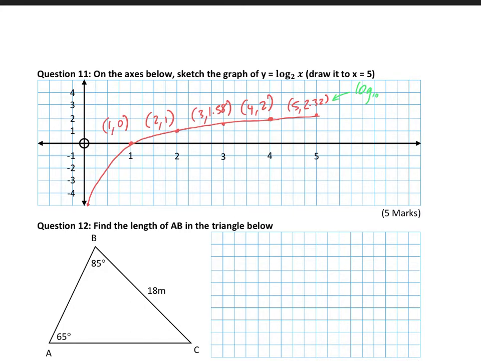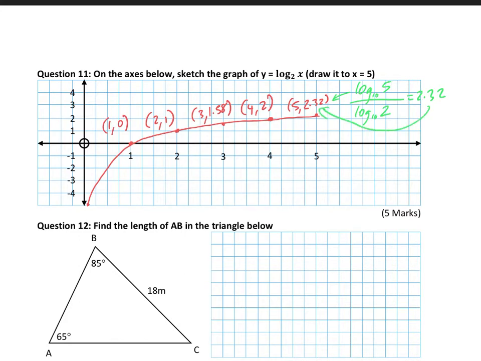So the number of interest in this last one is 5, and then you go log base 10 of the base, which was 2. So I'll do that on my calculator now. Log 5 divided by log 2 is 2.32, which is the same.